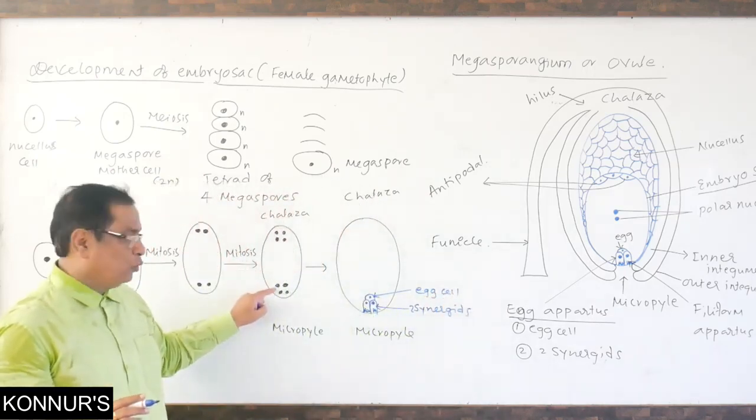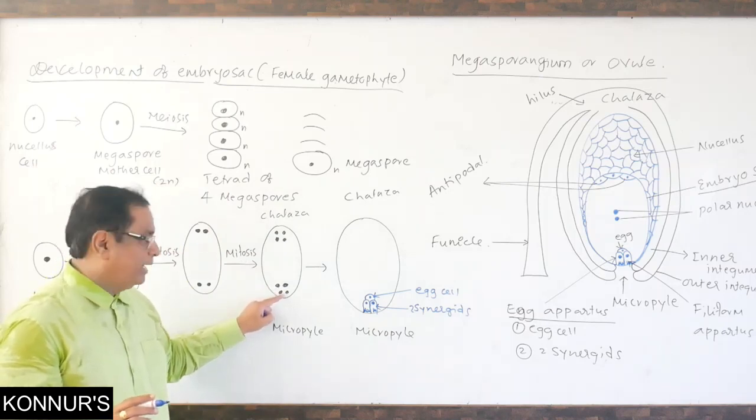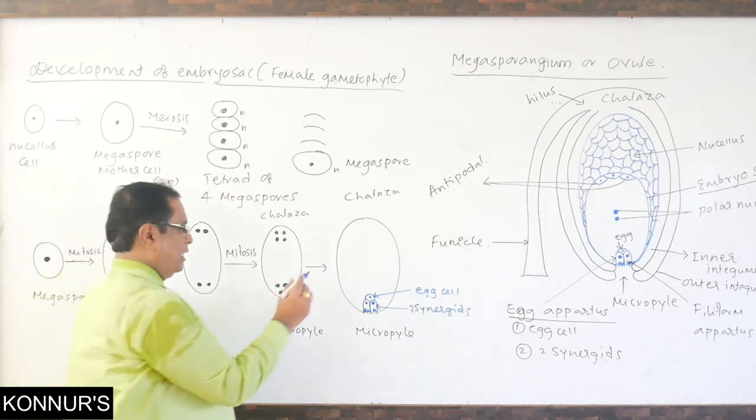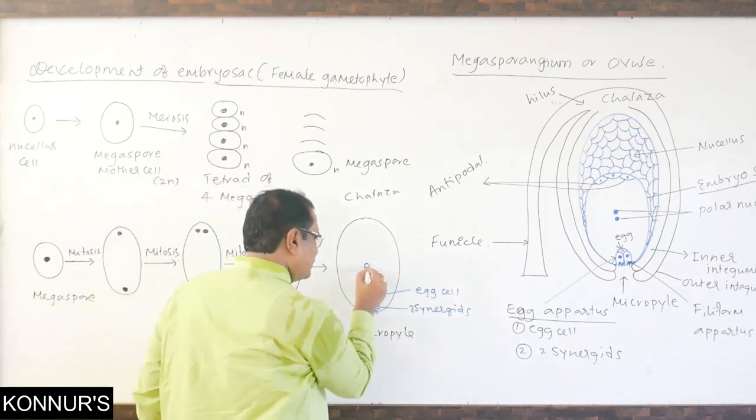Among these 4 nuclei, around 3 nuclei, cell wall is formed, and 1 free nucleus is made.